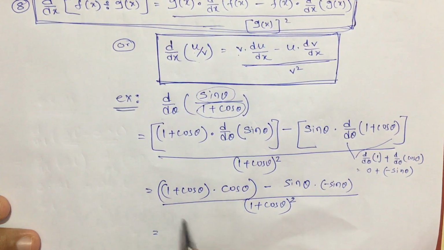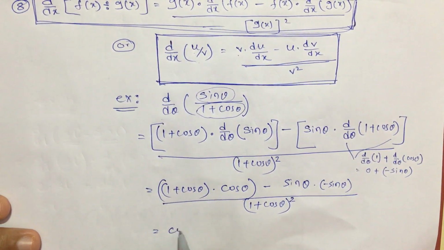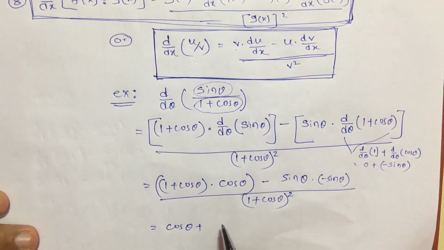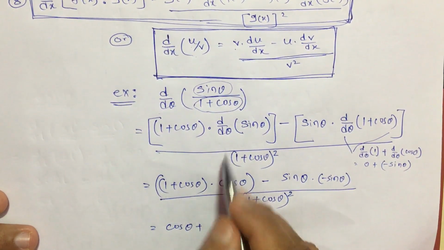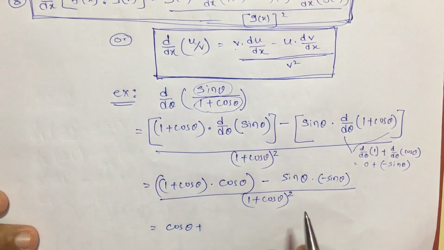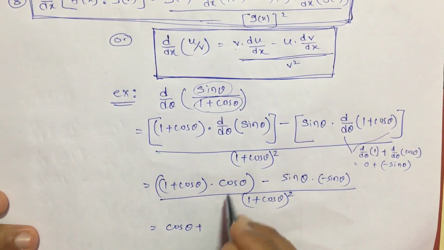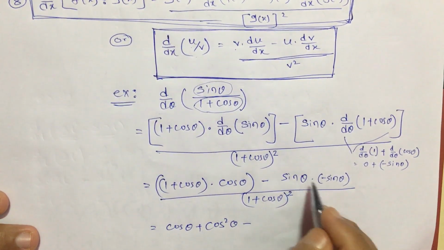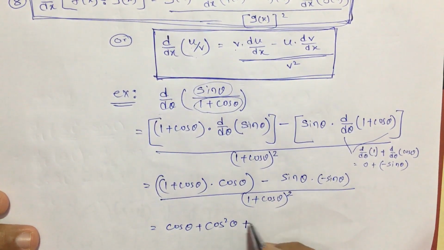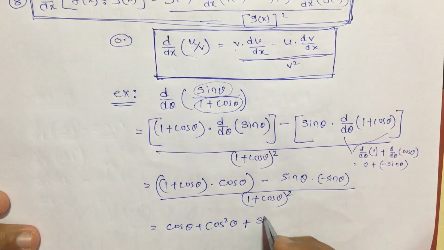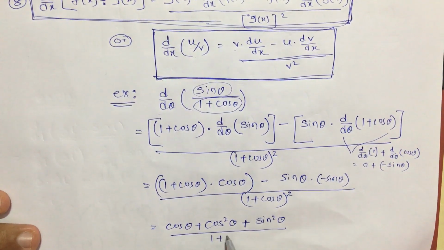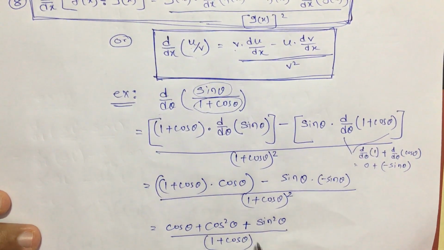So if I solve it, it will be cos theta into 1, that is cos theta, plus... From now on there is no derivative actually; the derivative part is finished in these two steps. Now you just have to use algebra. Cos theta into 1 is cos theta, cos theta into cos theta is cos square theta, minus and minus will become plus, sin theta into sin theta is sin square theta, divided by 1 plus cos theta whole square.